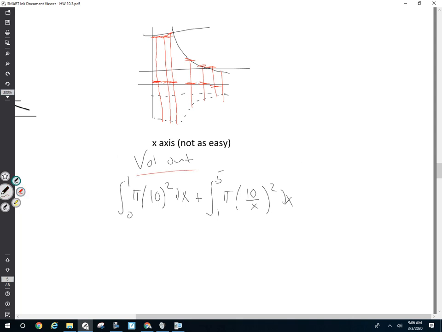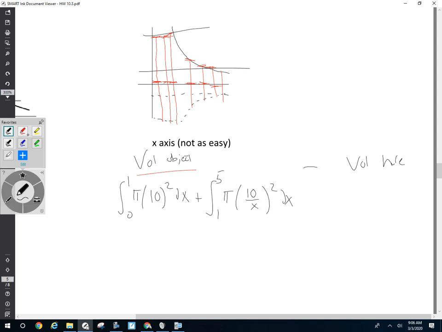And then I'm going to subtract the volume of the hole. I say outside. I like to say entire object. Sometimes I say object, sometimes I say outside. The volume of my hole is right here. It's going to be consistently 2.